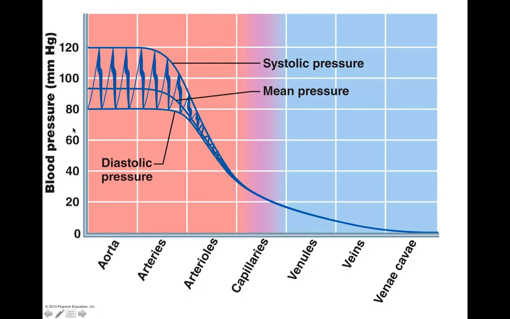When we're looking at blood pressure, we take both of these measurements into account, the systolic pressure and the diastolic pressure. And so if you need one number to look at your arterial pressure, we look at mean arterial pressure. This takes into account both systolic and diastolic pressure.